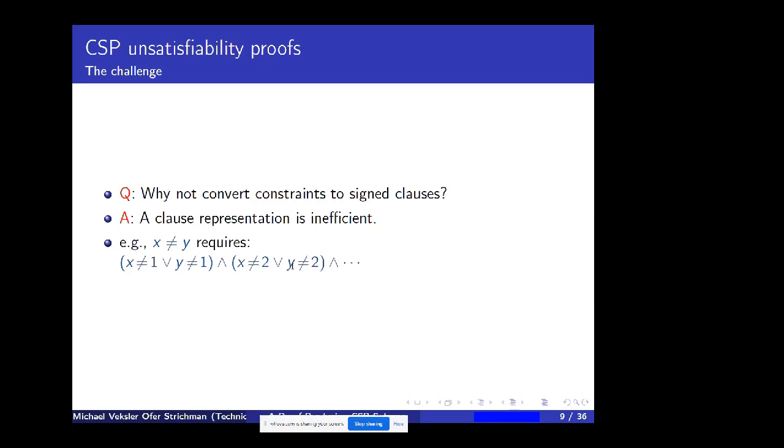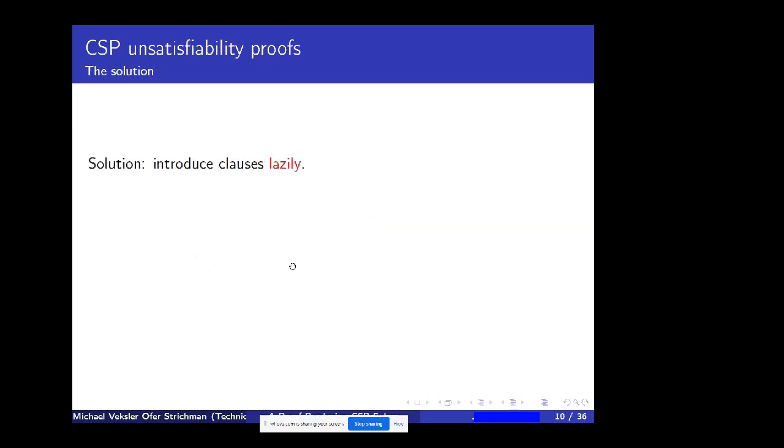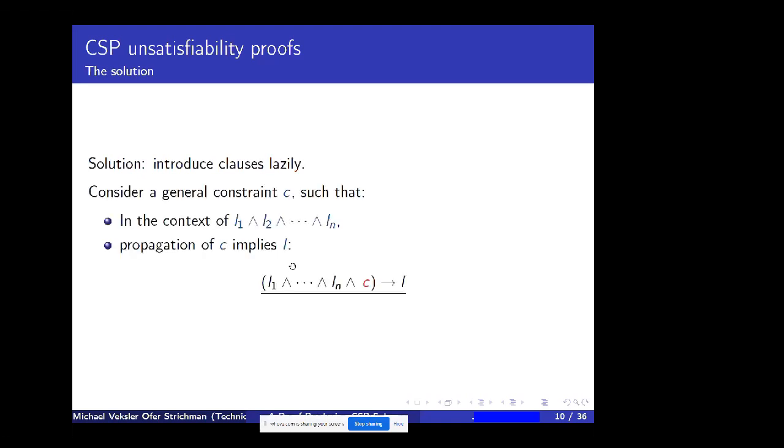So this is a very ineffective representation. So the idea is that we will still reason with the original high-level constraints, but only lazily introduce those signed clauses in order to create the proof, which eventually will be based on signed resolution. So we want to introduce these clauses lazily.